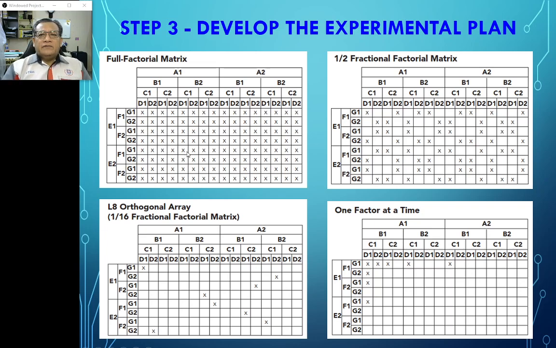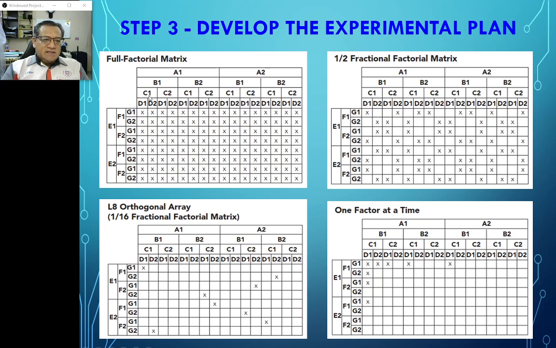So one type of experimental plan is the full factorial matrix. For example, A1 and A2, you test all the set points. A1, A2 got two types, B1 and B2.